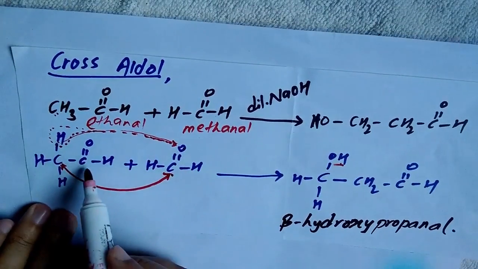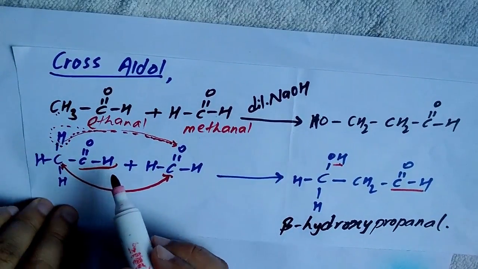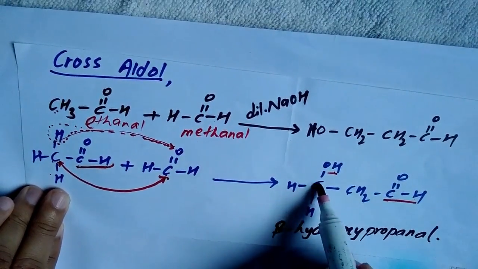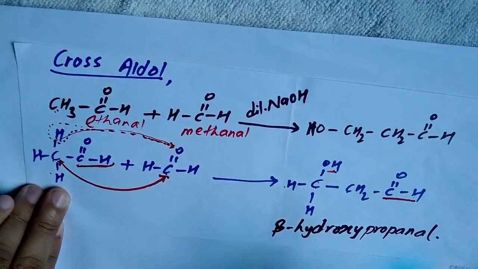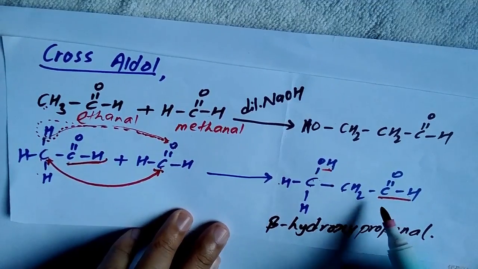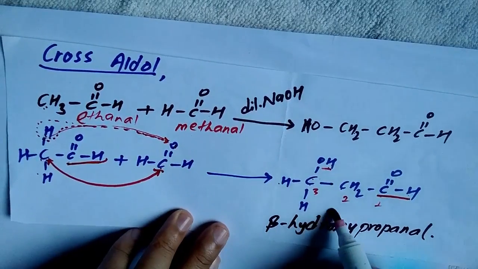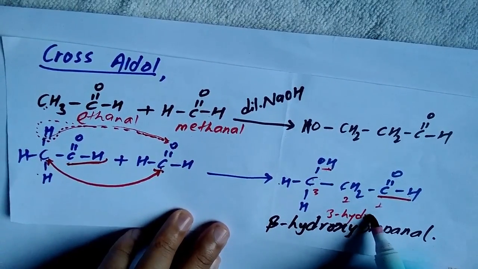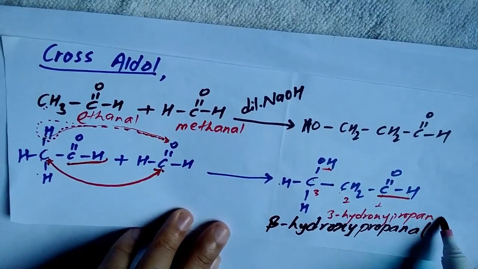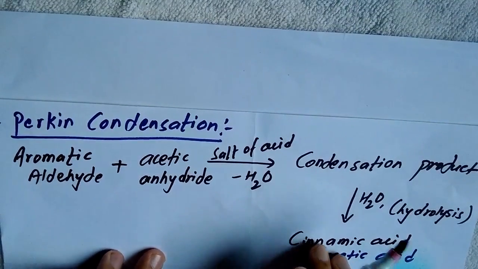First of all write C double bond O H in last, and after that this CH2, and this carbon should be bonded with this carbon C, and it contains OH H H. The name of this compound is beta hydroxy propanal, and the IUPAC name is 1 2 3, 3 hydroxy propanal.